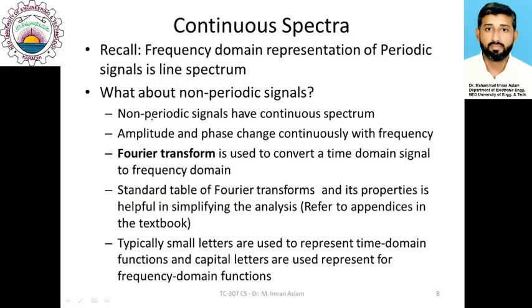You should realize that the continuous spectrum can also be plotted in both ways, one-sided or two-sided. However, the most common case in communication systems is to plot the spectrum as two-sided. So we will be discussing only the two-sided spectrum for the rest of the course.